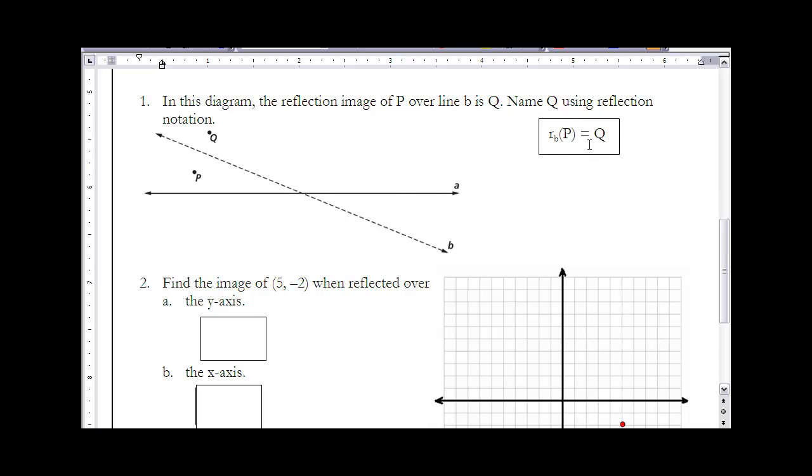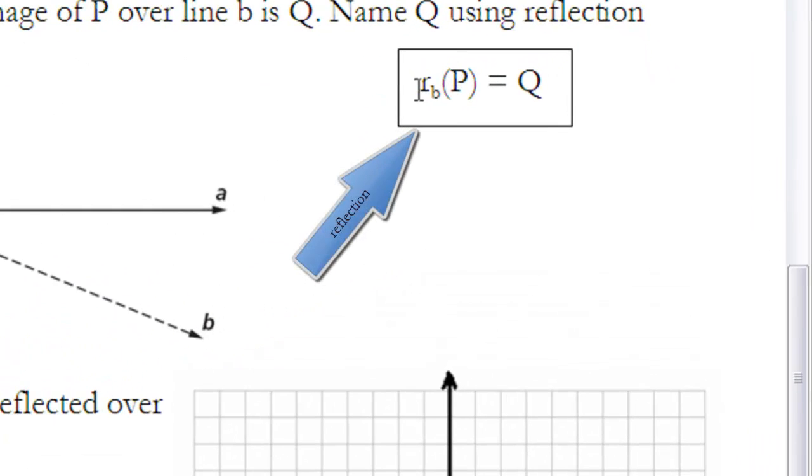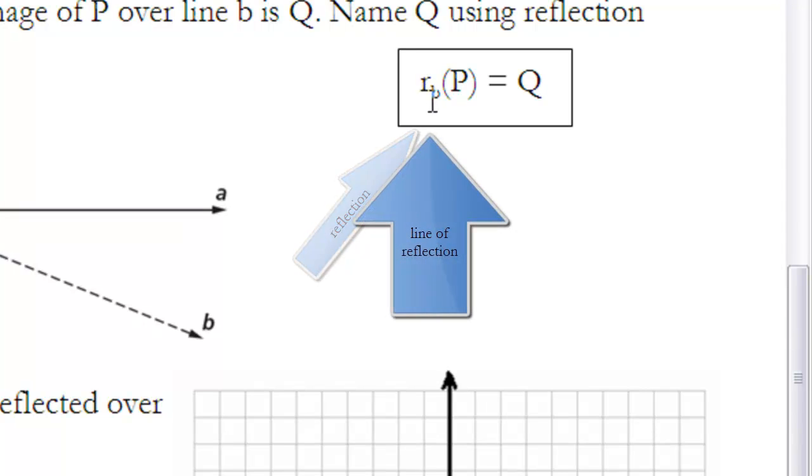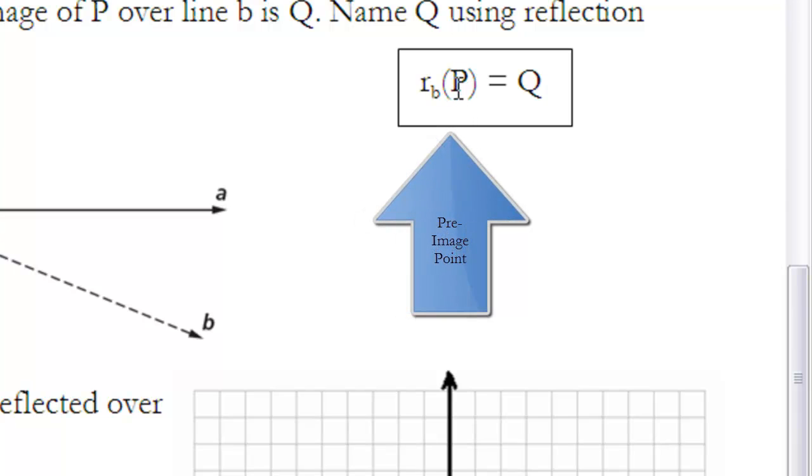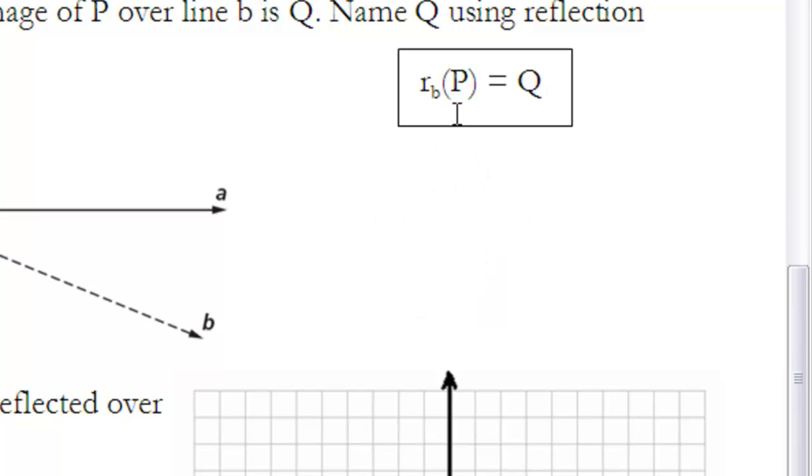The reflection, so that small r represents a reflection, over line B, the B represents the line that we're reflecting over, of P, P is the point that we're reflecting, right here, is Q, our image point. So P is my pre-image, that starts right here. Q is my image, so that's what I end up with.